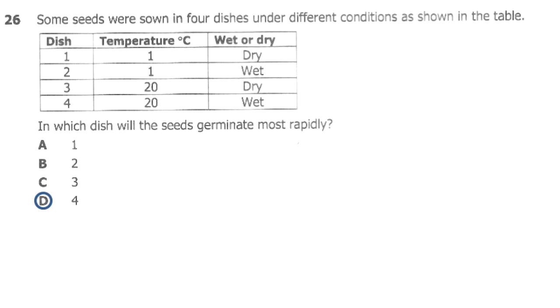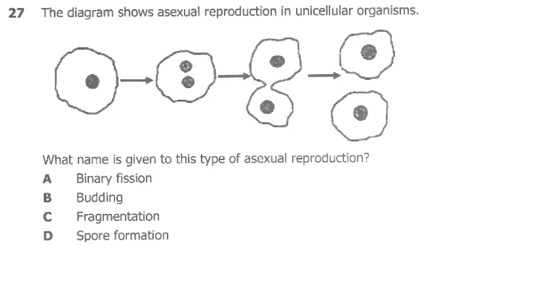27. The diagram shows asexual reproduction in a unicellular organism. What name is given to this type of asexual reproduction? A. Binary fission, B. budding, C. fragmentation, D. spore formation.